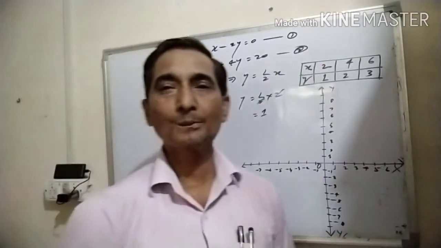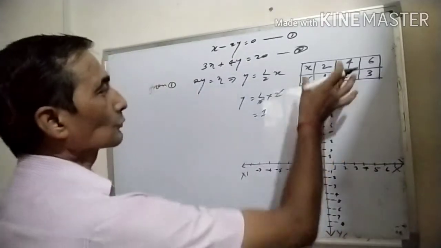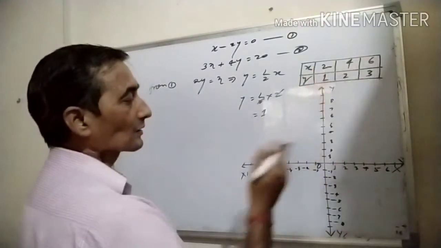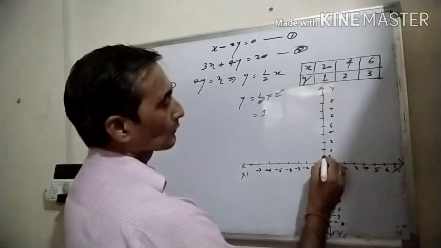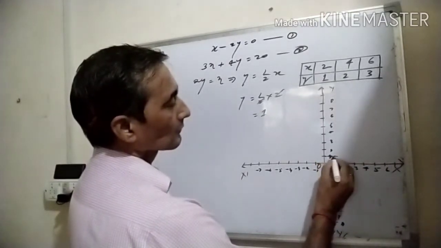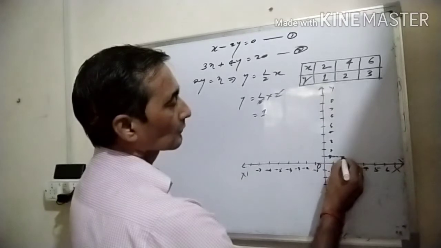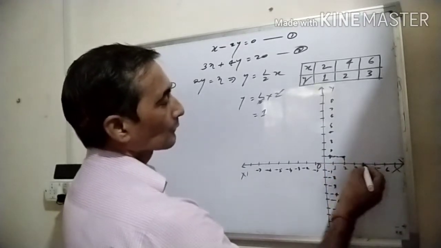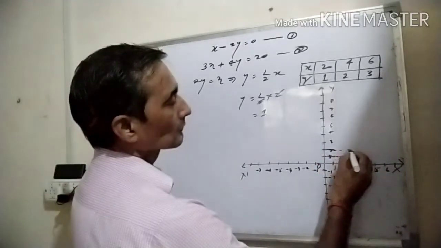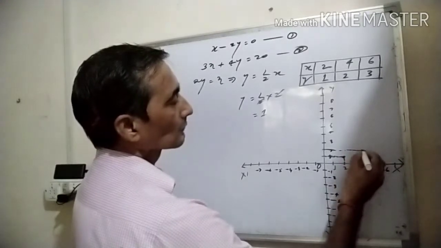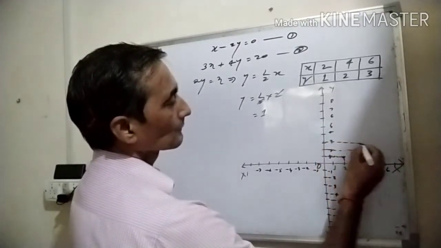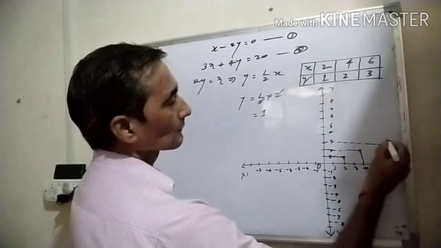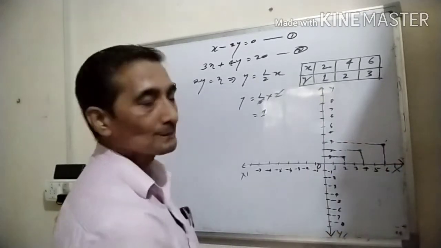This is the Cartesian plane. Now I am going to plot these points on this paper, just like x is equal to 2 and y is equal to 1. Suppose the first point is 2, 1, the second point is 4, 2, and the third point is 6, 3.